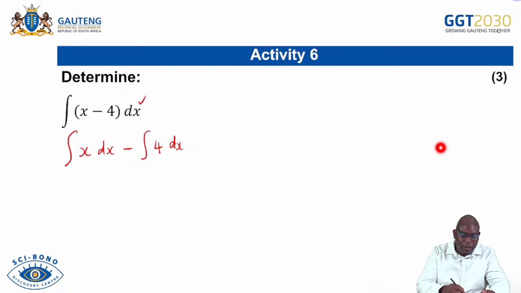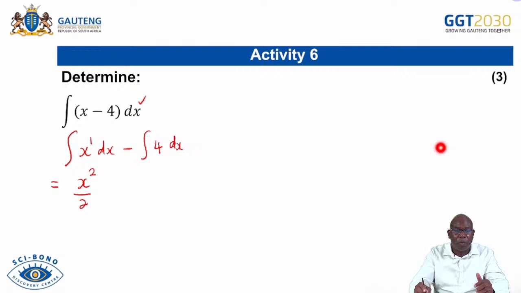If I integrate x, remember when I integrate, I remove the integration sign. I'm going to have x squared, but that must be over 2, because the exponent of x is 1, so it will be 1 plus 1, which is 2, and divided by that answer, so x squared divided by 2.